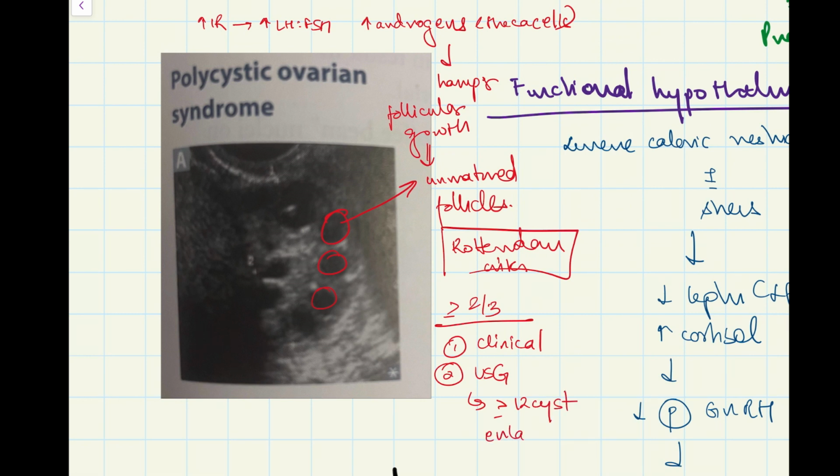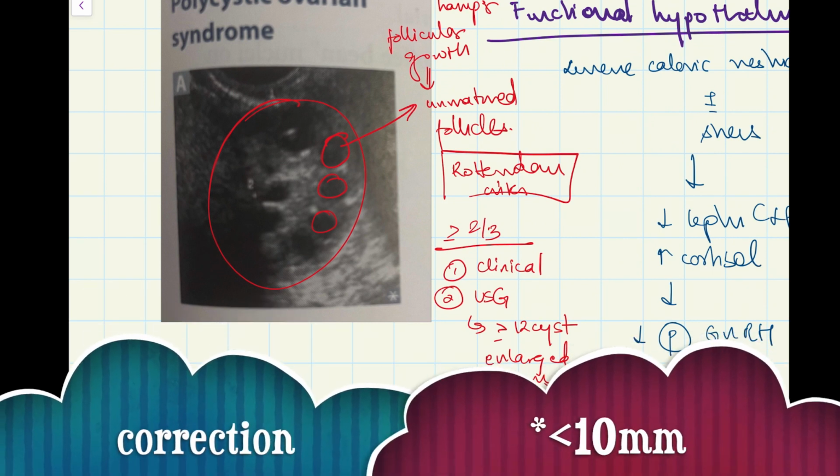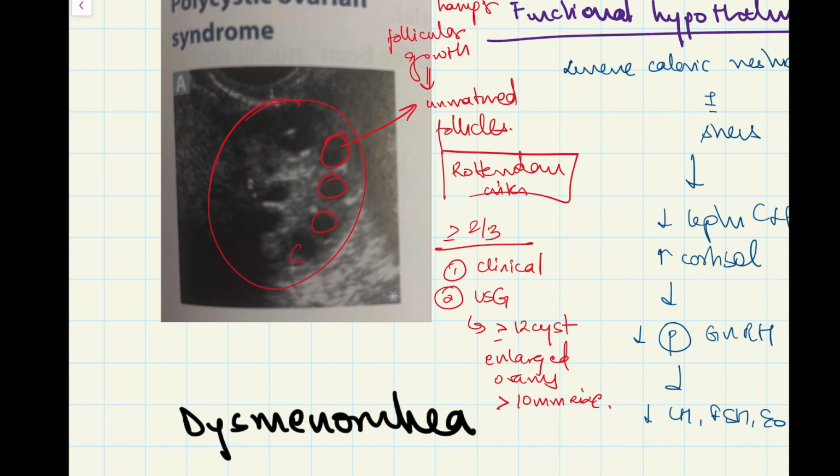You can see an enlarged ovary and more than 10 mm size of the cyst. Also, the cysts are arranged peripherally, and this is known as the necklace appearance or a garland appearance, but this is not a characteristic of the Rotterdam criteria. Another thing that you note in the ovary is that the bulky ovary will have an echogenic stroma.